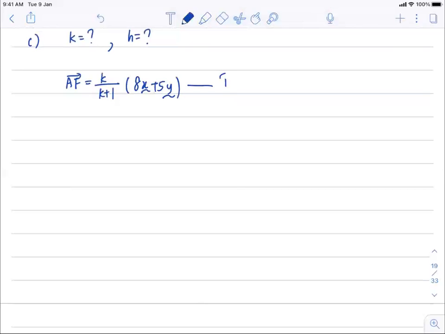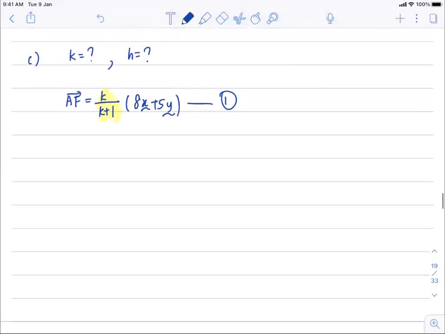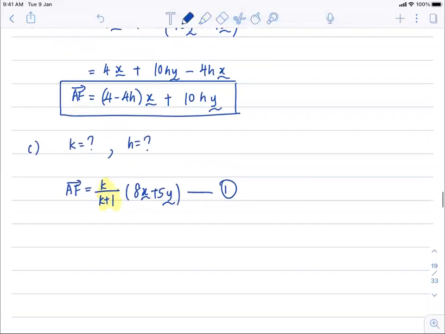This is the first equation, which we take because it has k. And then the second equation is AF equal 4 minus 4h x plus 10hy. Second equation. We take this equation because it has h.